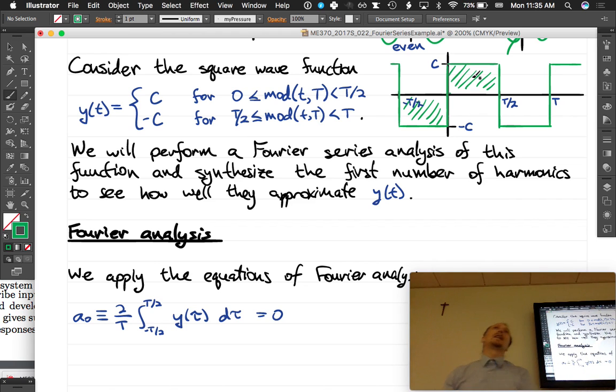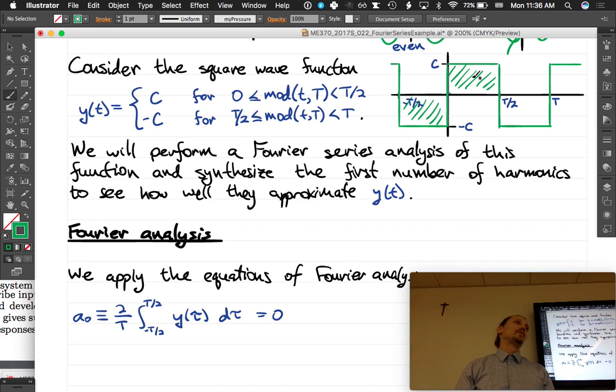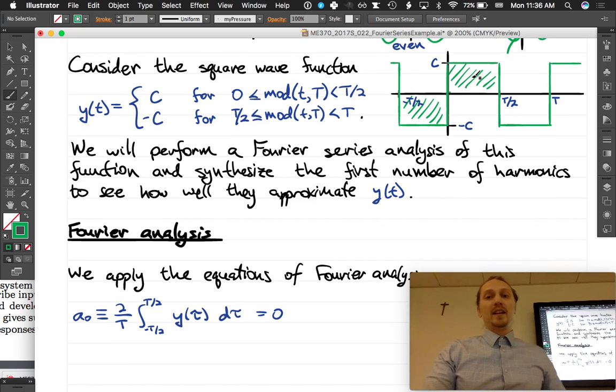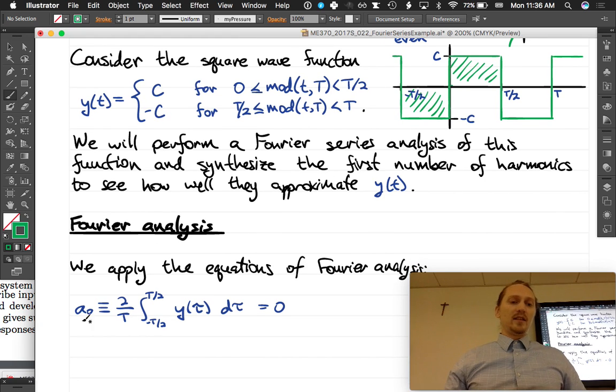Just like if you integrated sine from negative pi to positive pi, the negative area would cancel the positive area, and then you would get 0. Yeah, just like that. And in fact, it turns out that all of the ANs, because of this, we could go through and compute it.